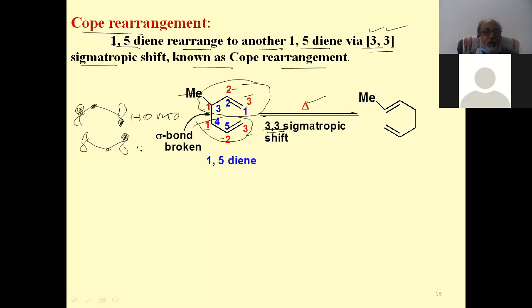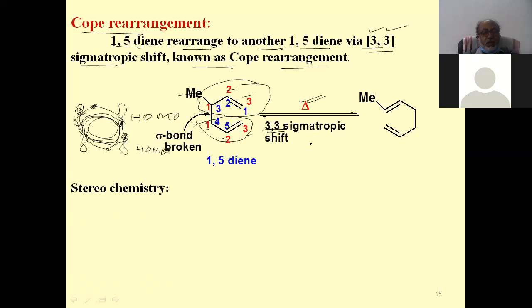So this is the HOMO of one, another HOMO of this one, because they have to match. So this is possible here, this is possible. So this transition state is going to be a continuous transition state. There is no bond breaking happening here. So this is going to be thermally possible. 3,3 sigmatropic shift. That is the theory.